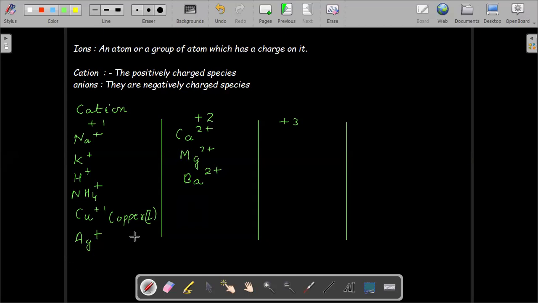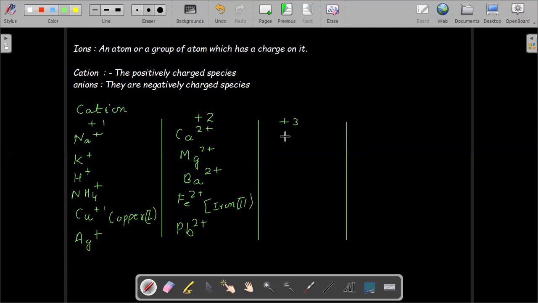Then iron, Fe2+, so this we call iron 2. These are some of the cations which have +2 charge. Lead, Pb is the symbol for lead, so Pb2+ also has the valency of +2.